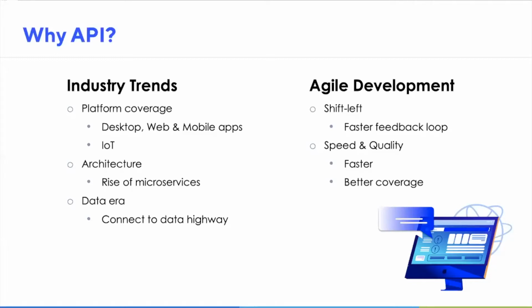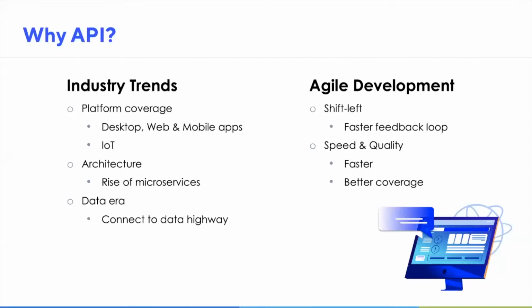So in terms of development, working with API is more about a shift-left trend, which means that when you have APIs, you can test them, so developers can now test their own API. They don't need to wait for the tester, the QA, to do that, because technically they can do it. And since the developer can do the validation on their own, it introduces the capability to shorten the feedback loop.